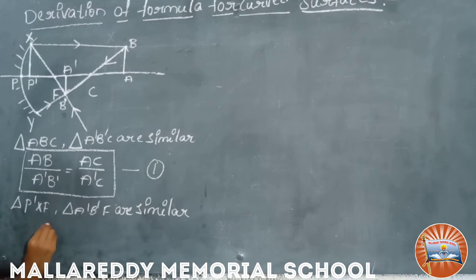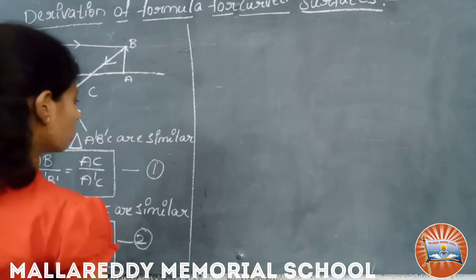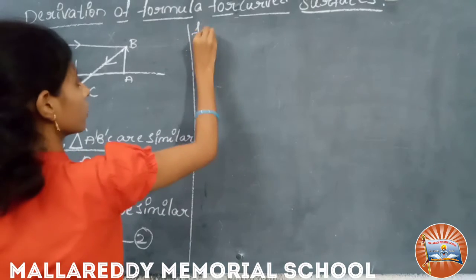Now take this. So triangle P dash X F and triangle A dash B dash F are similar. Okay, so we can write from this P dash X by A dash B dash which is equal to P dash F by A dash F. So assume this as equation 2. Now we can write this XP dash from figure.